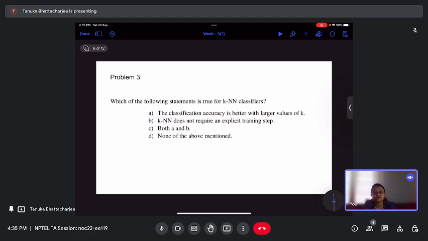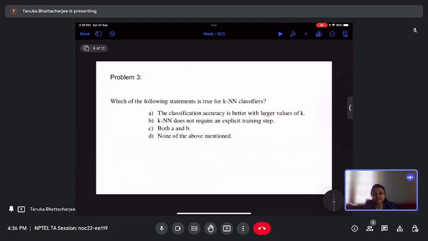As you take more opinions, as you take the contribution from more training samples, it is less likely that you will be classifying the data based on some outliers. So, the accuracy will be better when you have larger values of K. The first option is indeed true.